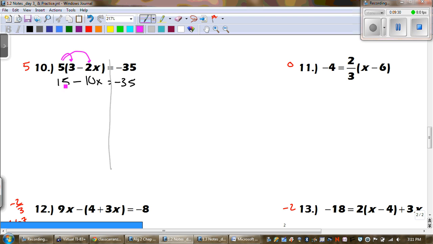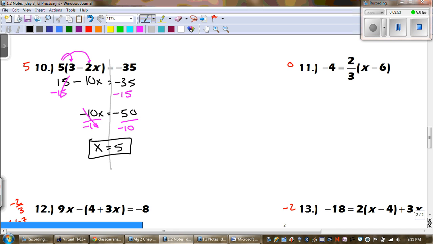Okay. Inverse operations, we have a positive 15, so I'm going to subtract that to both sides. And we get negative 10x equals negative 50. And then divide both sides by negative 10. And we get x equals positive 5.